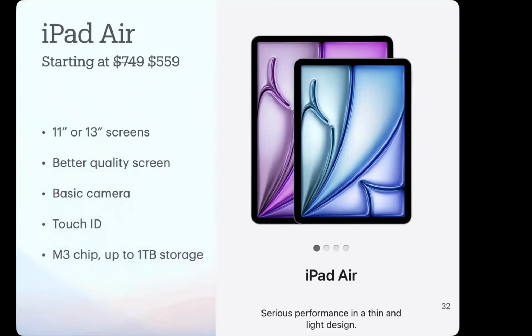The iPad Air has what I would say is a better quality screen, but not best quality. It has a very basic camera. It does have Touch ID, so you can have the iPad learn your fingerprint, and then you can rest your finger against the power on key, and it will unlock.